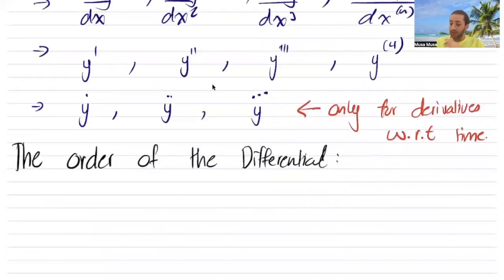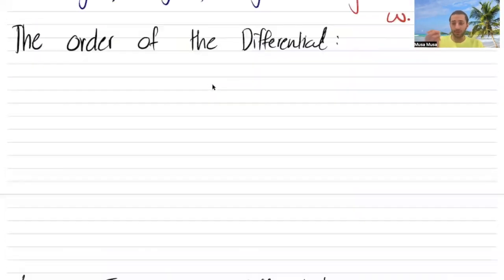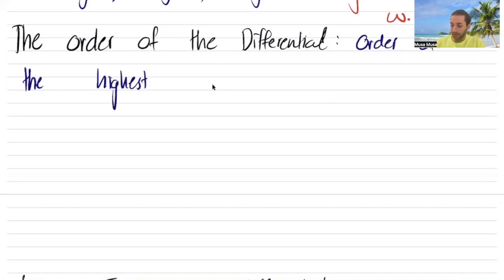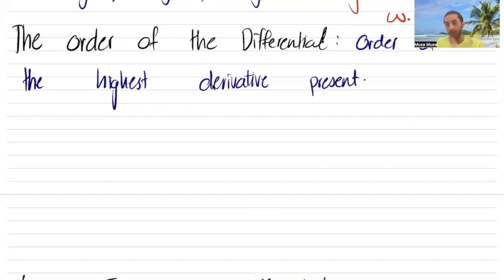Perfect. So now let's talk about the order of a differential. This is an important term that you have to keep in mind. The order of a differential is the order of the highest derivative present. So if you have a first derivative present and there's no other derivatives, then the order is 1, or the first order.